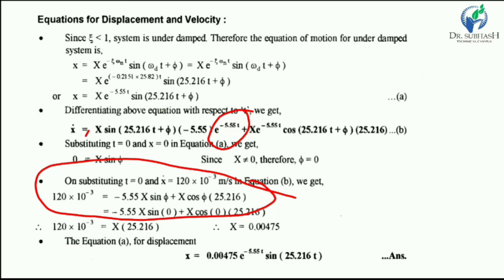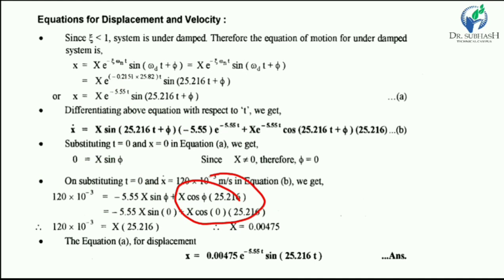Okay, so sine 5 value is 0, so sine 0, and the minus 5.55.